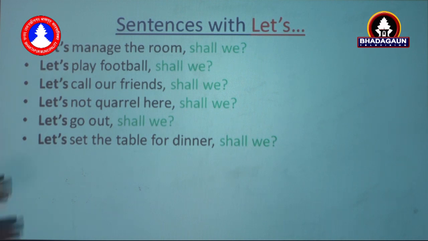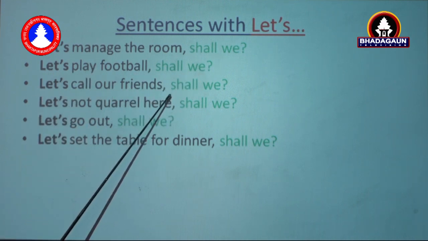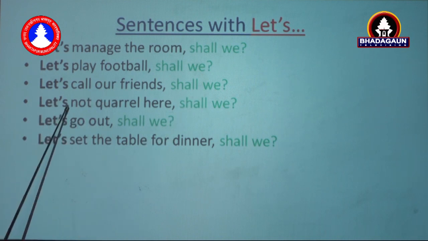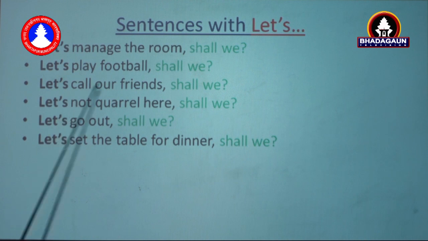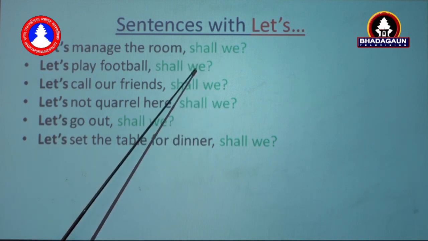From these examples we come to the conclusion that, let's play football, shall we? Let's call our friends, shall we? Again, the statement starts with let's, and the tag is only one that we have been using in the affirmative sentences, shall we?